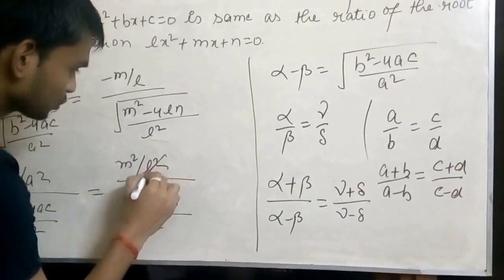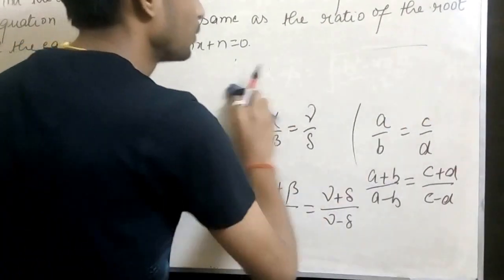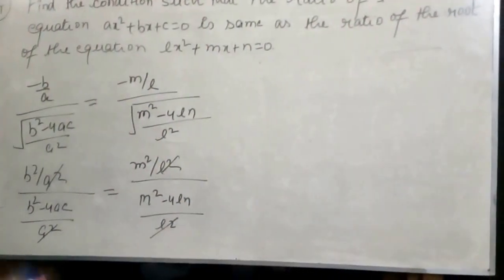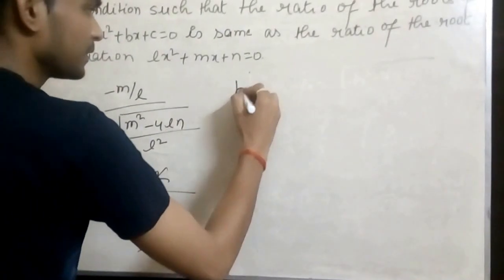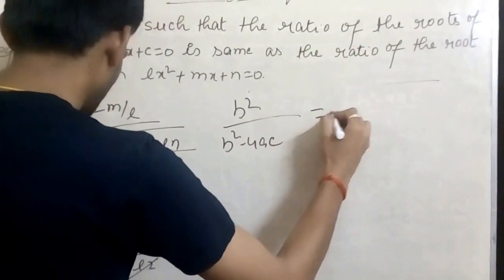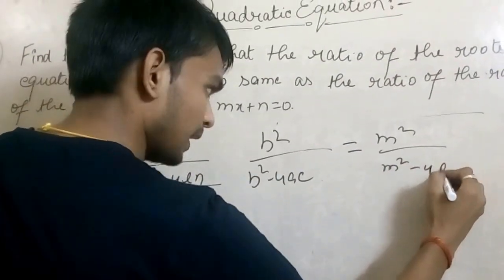So l square and a square cancel out. Then from this relation, we get b square divided by b square minus 4ac equal to m square divided by m square minus 4ln.